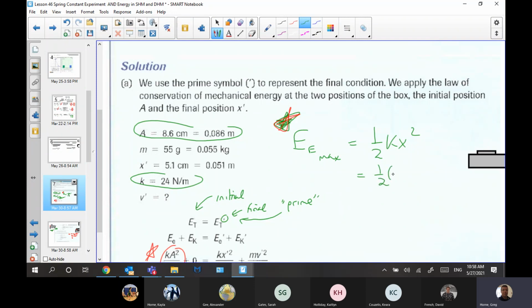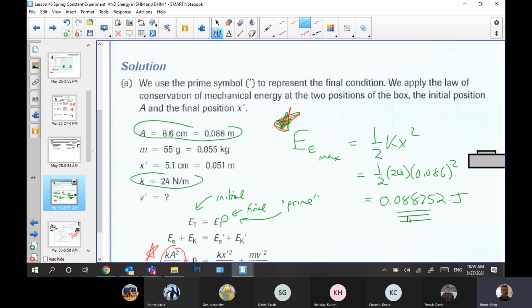1/2 of the 24 and our amplitude of 0.086 squared. That gives us 0.086 squared times 24 divided by 2. I'm getting 0.0088752. So that's how much energy is stored in the system.